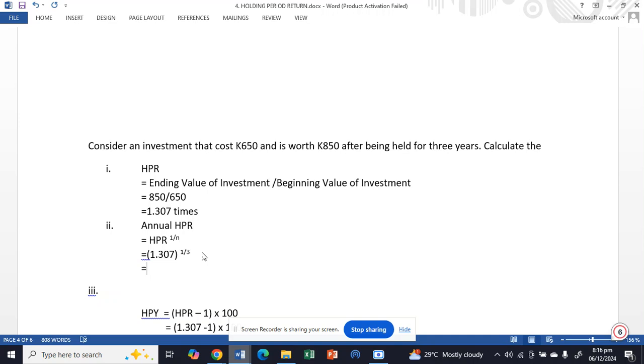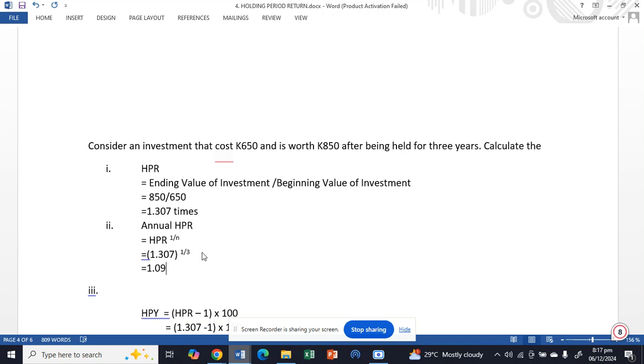Okay, so get our calculators. 1.307 to the power 1 over 3. We get 1.09.